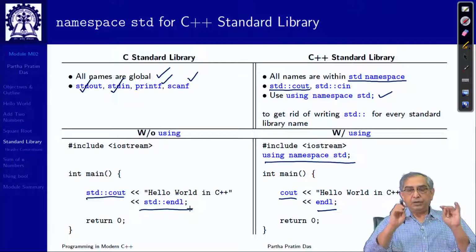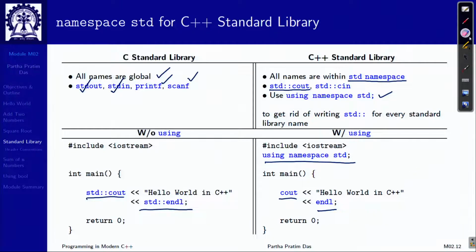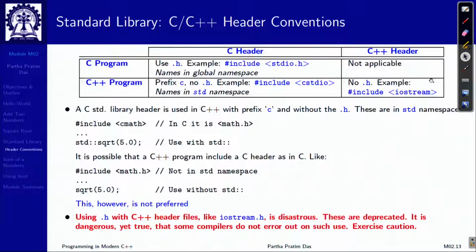Okay. So, this is the basics of the libraries. Now, how to include the headers, right? That is the most important thing. So, there are three possibilities. The first choice is whether you are writing a C program or a C++ program.